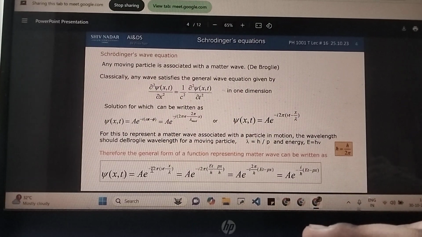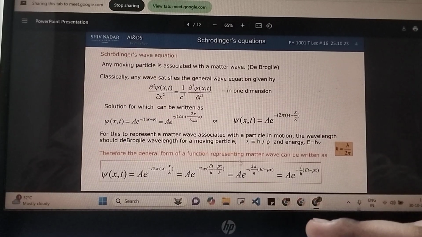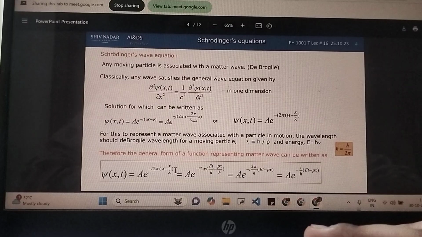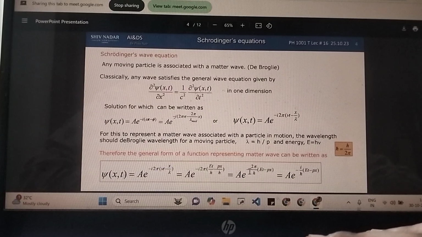Again we do that substitution, we get this is what we already have, and instead of nu we put E upon h here, and instead of x by lambda we put x divided by h by p, which is px by h. So when we make that substitution we get this, and since you have a common h in the denominator, you bring that out, you get A e raised to minus iota 2 pi by h (Et minus px).